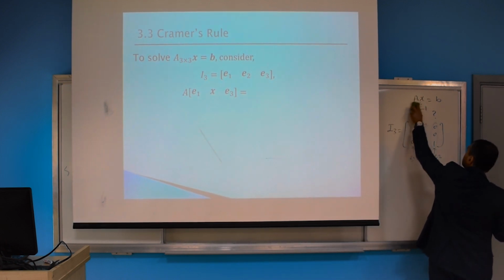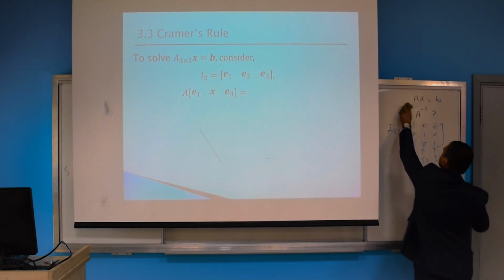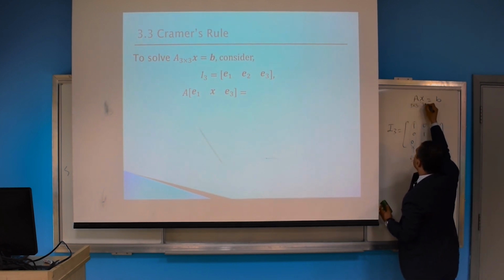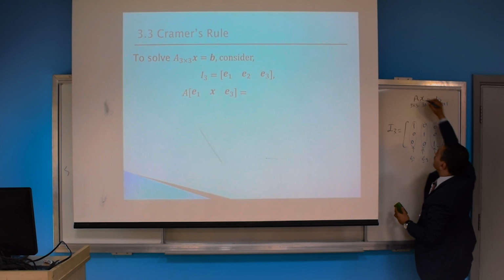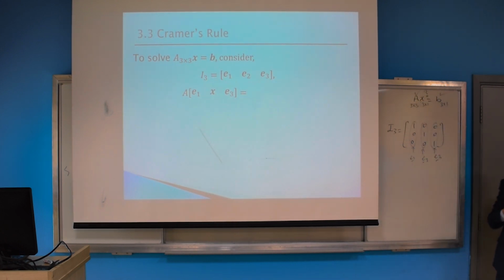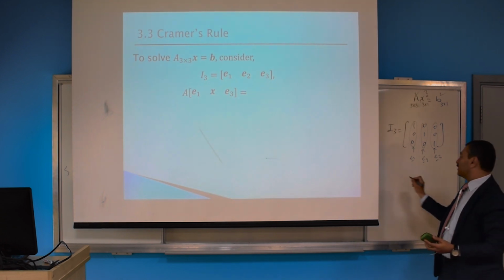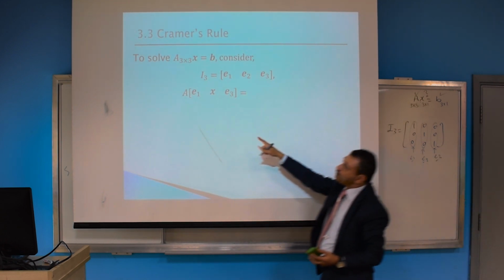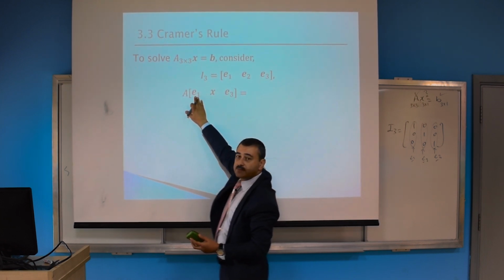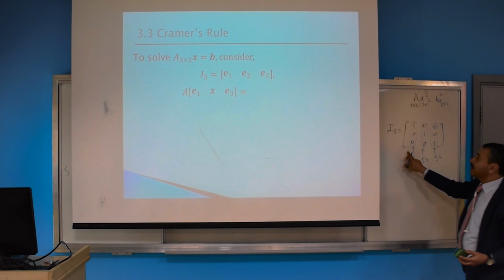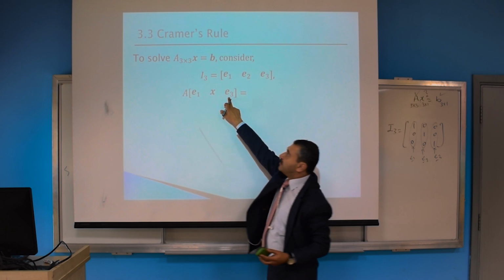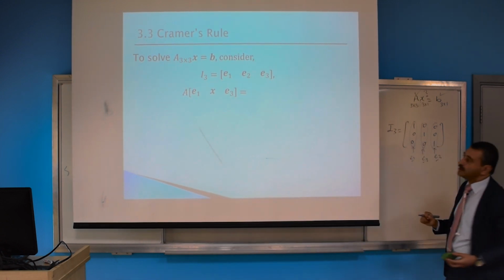So we're going to solve a system AX equal B, where A is 3 by 3, X is 3 by 1, B is 3 by 1, and you know A and B, and you don't know X. Let's see what happens if you multiply the matrix A by this matrix containing E1, then X instead of the second column, and then E3, the third column of the identity.